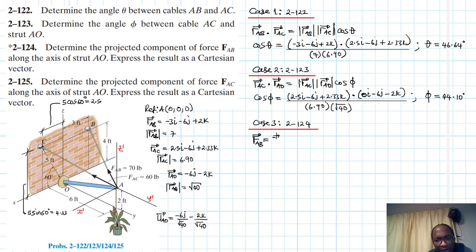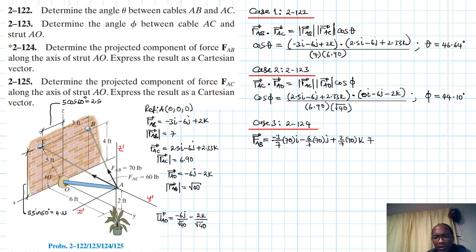So we have minus 3 divided by the magnitude 7 times the force 70 i, and then minus 6 divided by 7 times 70 j, and then plus 2 divided by 7 times 70 k.